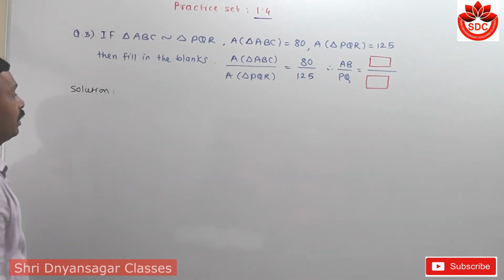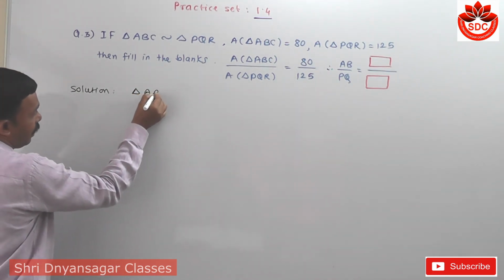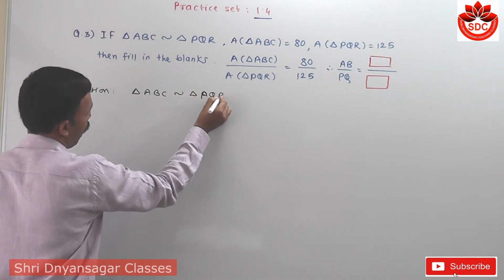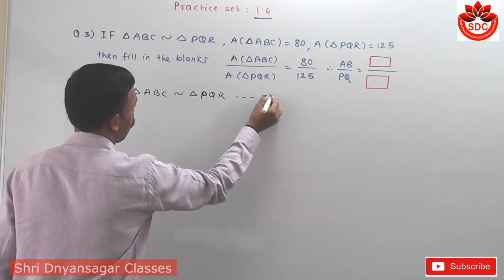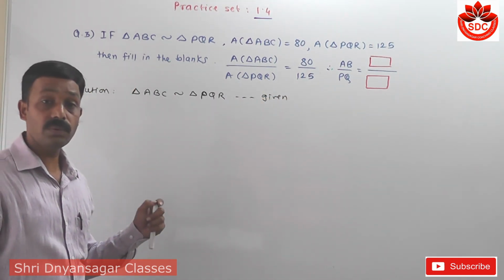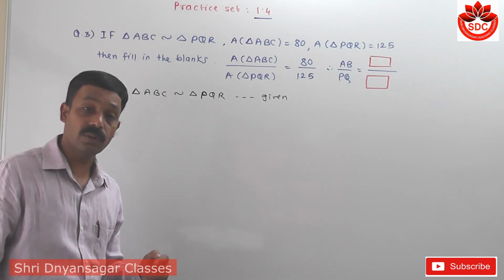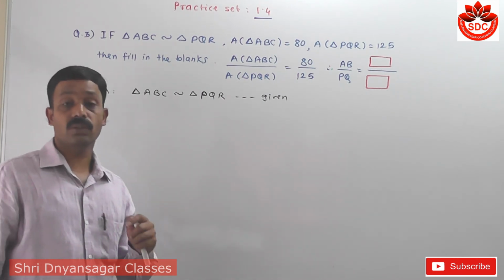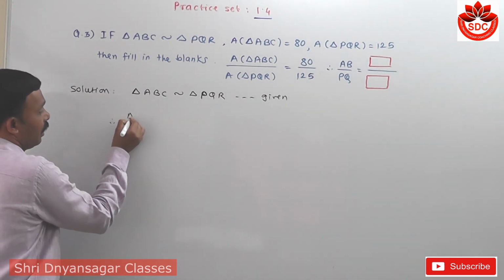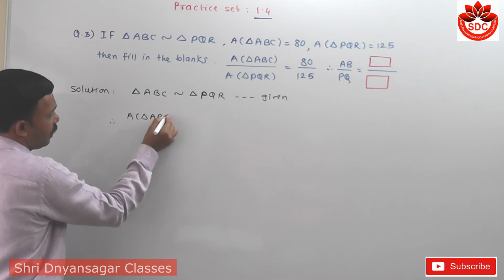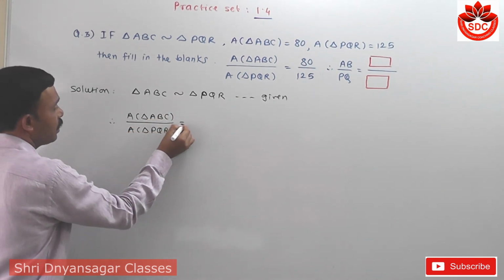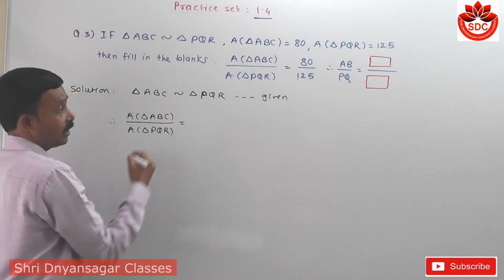When you observe here, these two triangles are similar. Triangle ABC is similar with triangle PQR. This is given. We know that the ratio of areas of two similar triangles is equal to the ratio of the squares of their corresponding sides. By using this theorem, I will write here: area of triangle ABC upon area of triangle PQR is equal to their corresponding sides square.